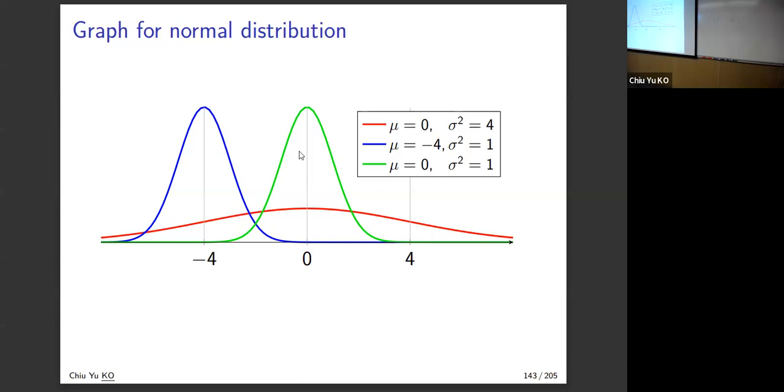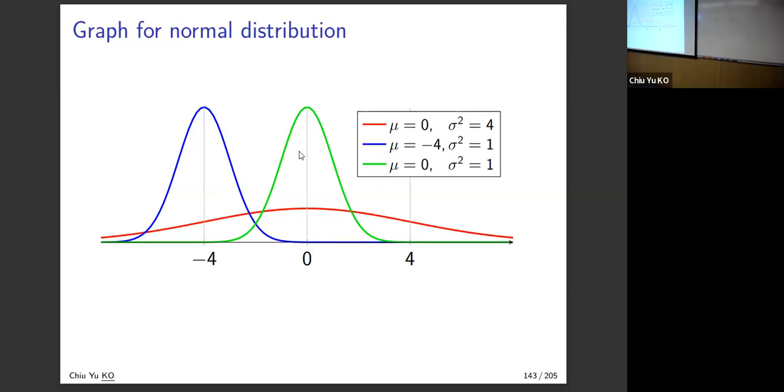And the shape is the sigma square. Remember, sigma square is the spread, how spread out, because of variance. You can compare the green and the red one: the red one has higher variance, 4, and the green one's is 1. If you try to squeeze the red, you become green. Why squeezing?